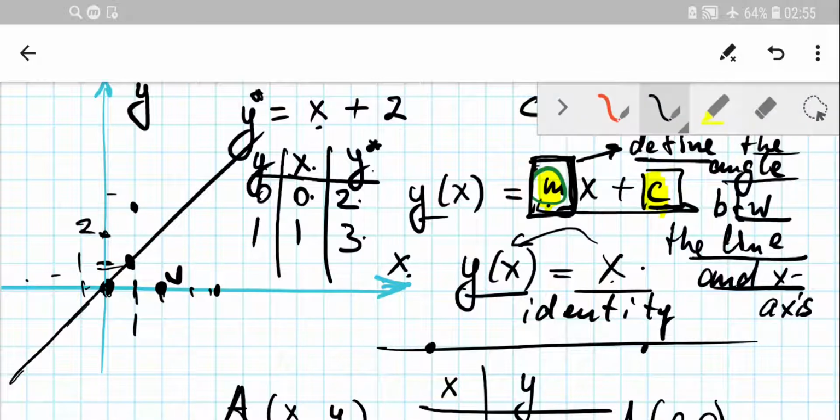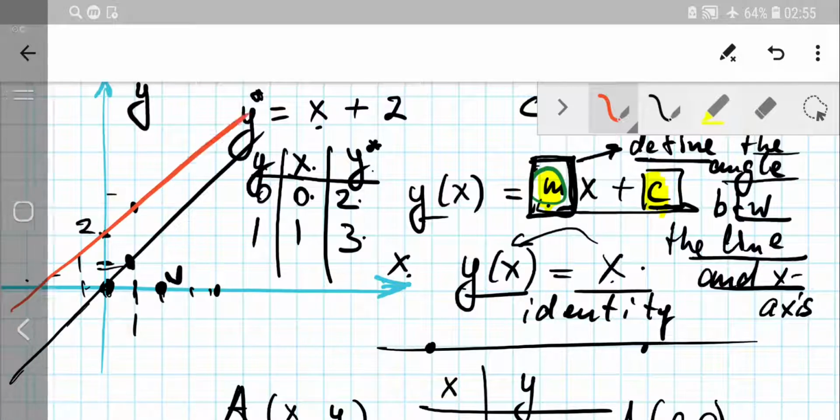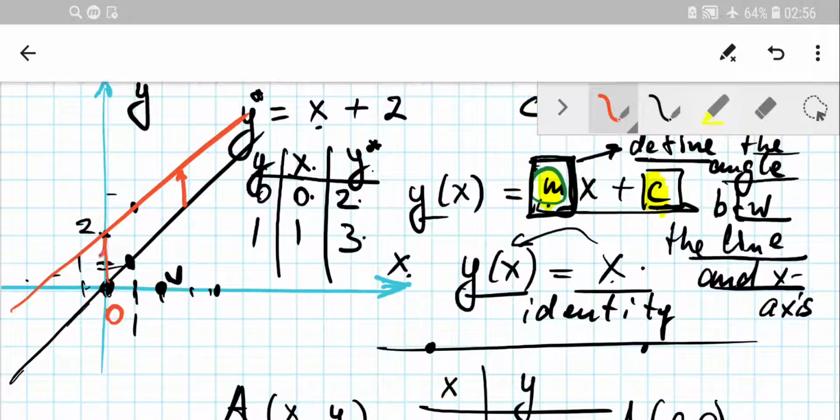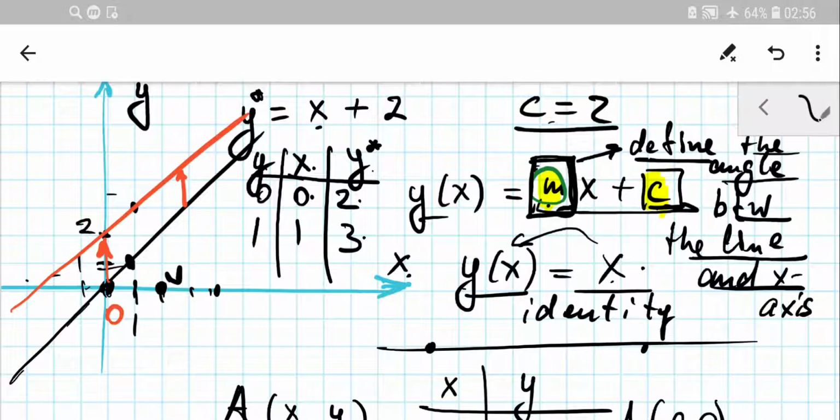So actually what happened to the line? It was shifted by 2 units up. You see, from the 0 level, it was shifted 2 units up. So visually, this c represents a vertical shift. If it's positive, it means that the curve or the line goes 2 units up in comparison with the previous one, if you just consider only this part of the line.